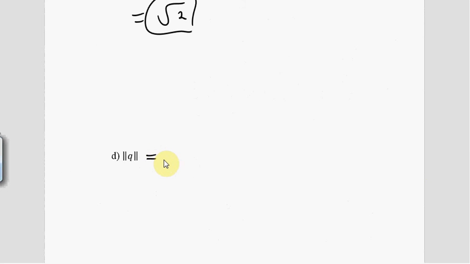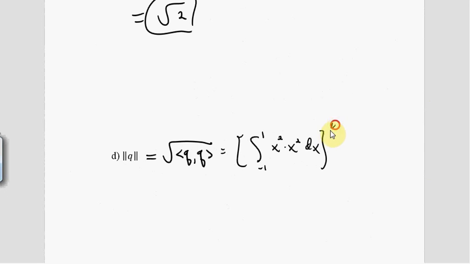The norm of Q is the square root of the inner product of Q with itself. So this is the integral from -1 to 1, Q is x squared, times x squared dx, to the 1/2 power.